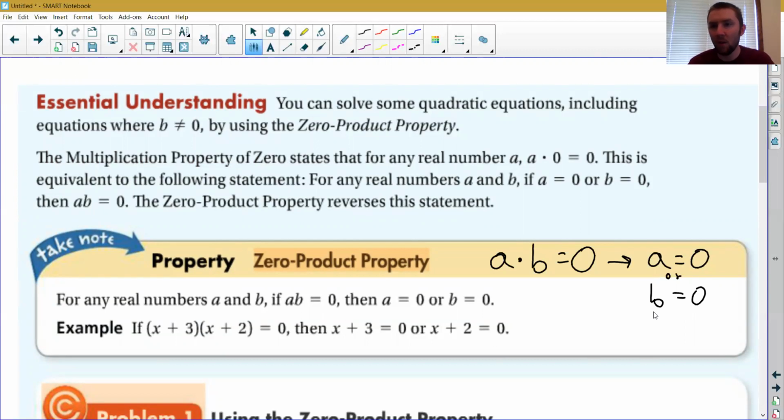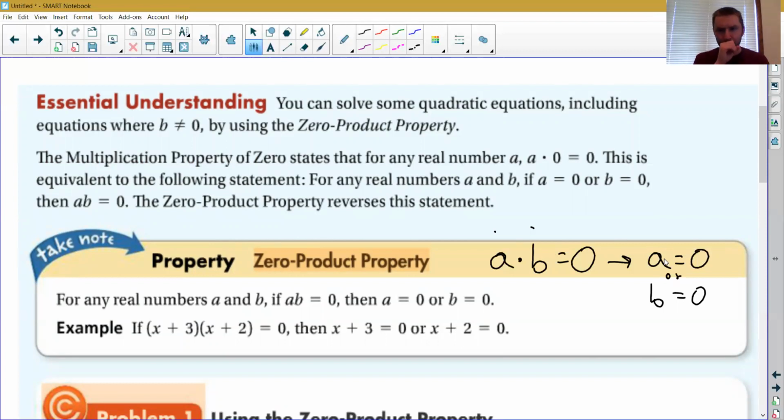Those are the only options. Because if A was not 0 and B was not 0, multiplying them together, I shouldn't get an answer of 0. For example, if A was 2 and B was 4, you don't get 0. If A was 1 and B was 17, you don't get 0. The only way we can get 0 is if one or the other is 0.